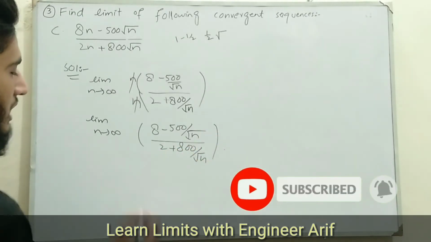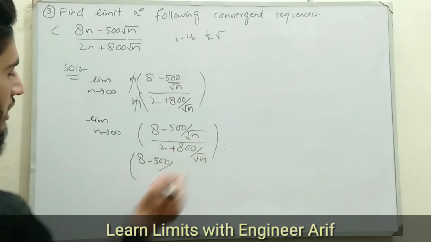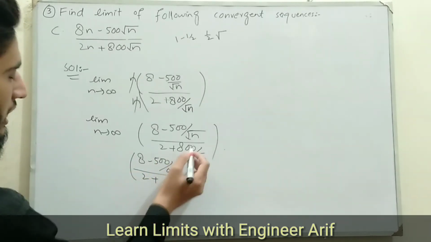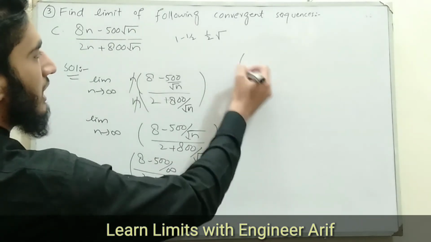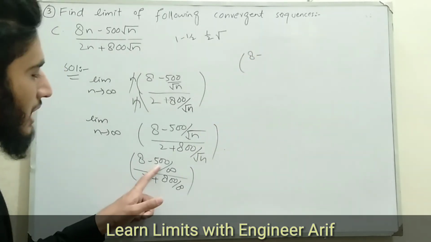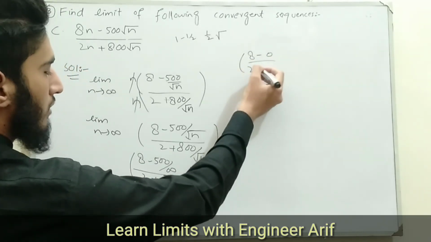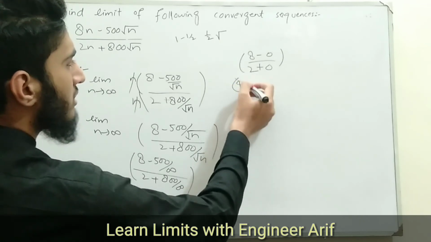Now applying the limit, 8 minus 500 divided by square root n, with square root n infinity, and 2 plus 800 divided by infinity. So it becomes 8 minus something divided by infinity gives us 0, and here 2 plus something divided by infinity gives us 0. So the result will be 4. This is the step-by-step method.